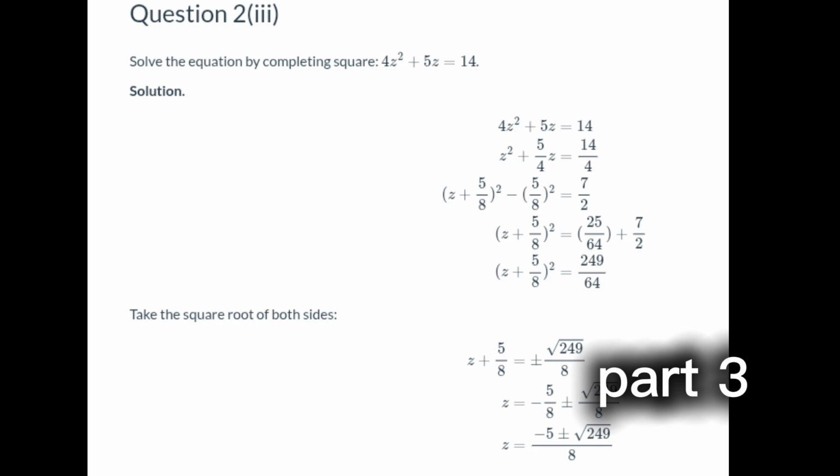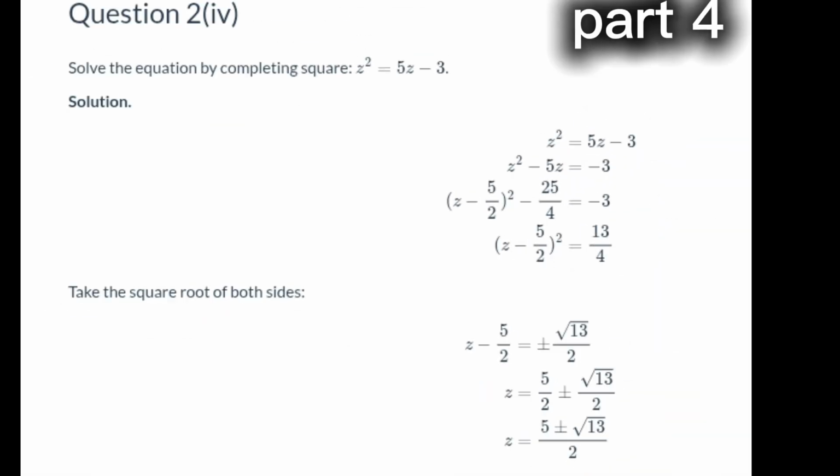Solution set. The solution set is {-5 plus or minus square root of 249, all over 8}. Complete the square. Take half of -5, which is 5/2, square it, which is 25/4, and add it to both sides. z^2 - 5z + 25/4 = 3 + 25/4. Factor. The left side factors to (z - 5/2)^2.